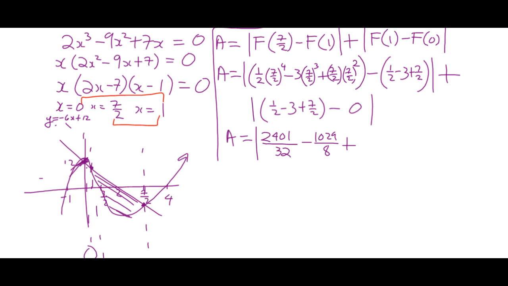Plus, and this just works out to 7 halves cubed, so it's 343 over 8. Minus, and here, so a half plus 7 halves is 8 halves, which is 4. Minus 3 is 1. So this just works out to 1. Okay, so we go minus 1. Plus the absolute value, well, this just works out to 1.